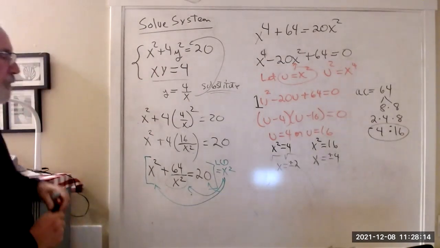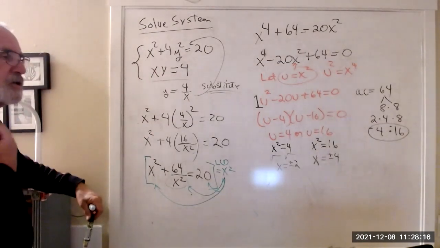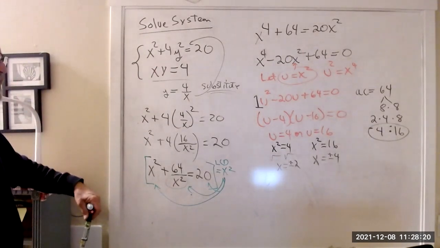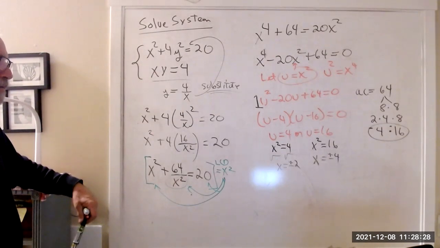Wow. I can actually see there was one way that we could have done this that would have made it just a little bit easier, but not much. And we're not even done because we got to figure out what y is.